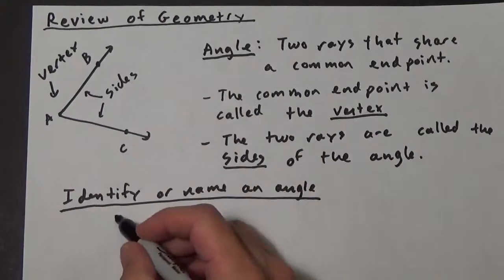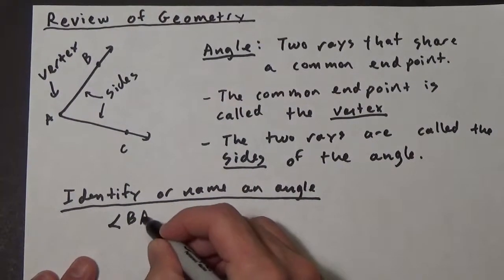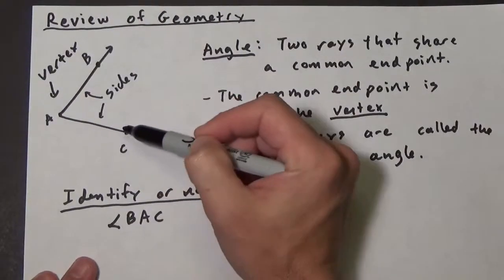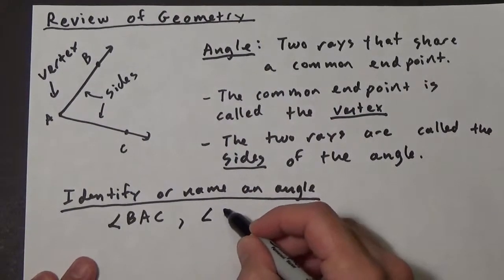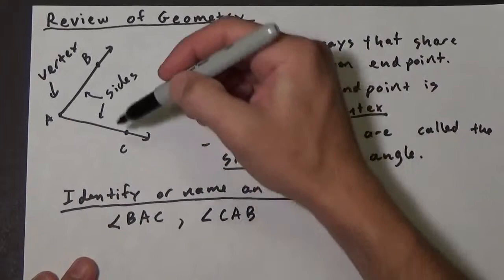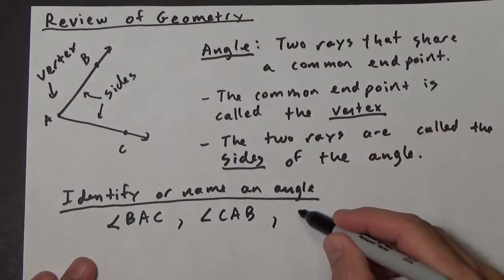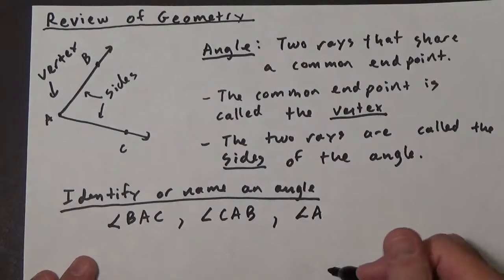One way would be to say angle BAC. Notice we go B, A, C. We could also use angle CAB. And in this particular case, we could also use angle A.